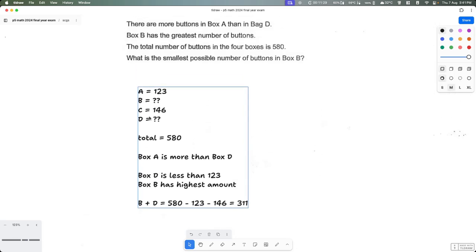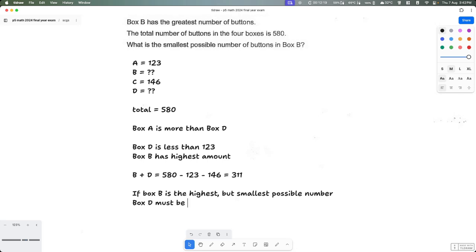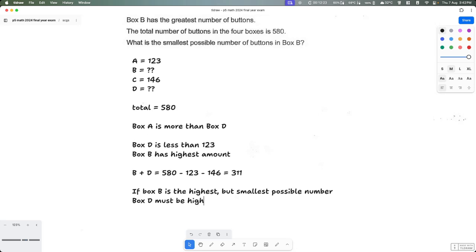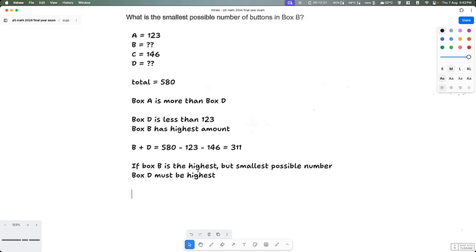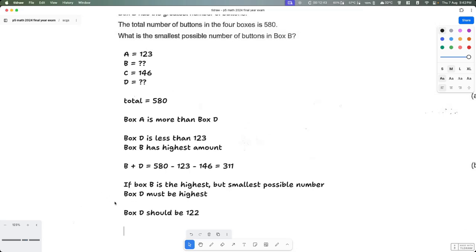Okay, in this case we want the smallest possible number of buttons in box B. If box B is the highest but the smallest possible number, that means box D must be as high as possible. So box D should be 122.